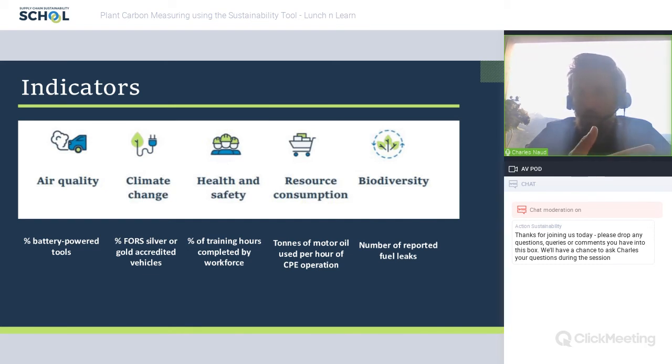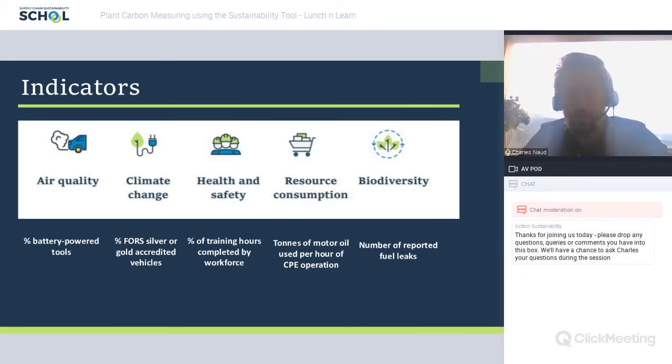Health and safety, looking at the percentage of training hours completed by the workforce. Resource consumption, suggesting tons of motor oil used per hour of CPE operation. And then biodiversity is the number of reported fuel leaks. So these are just examples. They're by no means gospel.